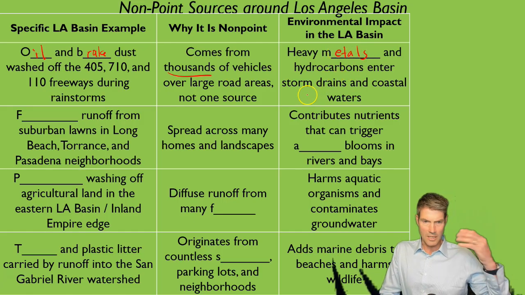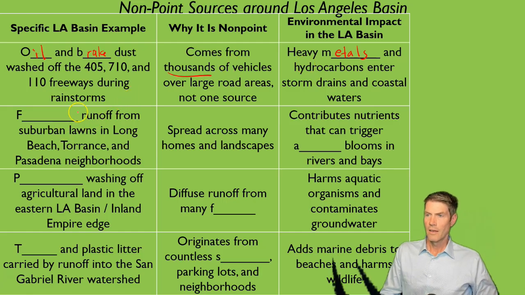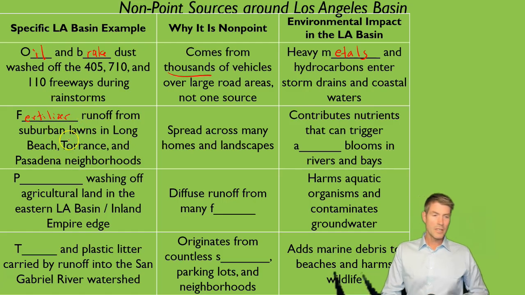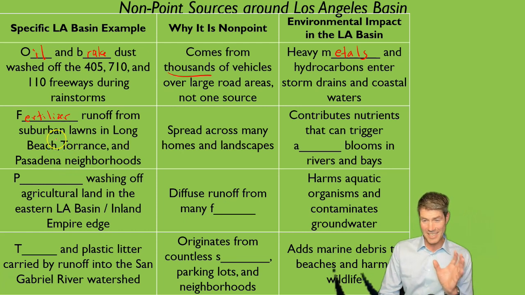They get washed into the ocean. Fertilizer. As I mentioned, fertilizer from lawns, golf courses, from all over the area, from Pasadena, Long Beach to the Valley, Sherman Oaks, whatever that is, it ends up in the LA River right outside our doorstep.